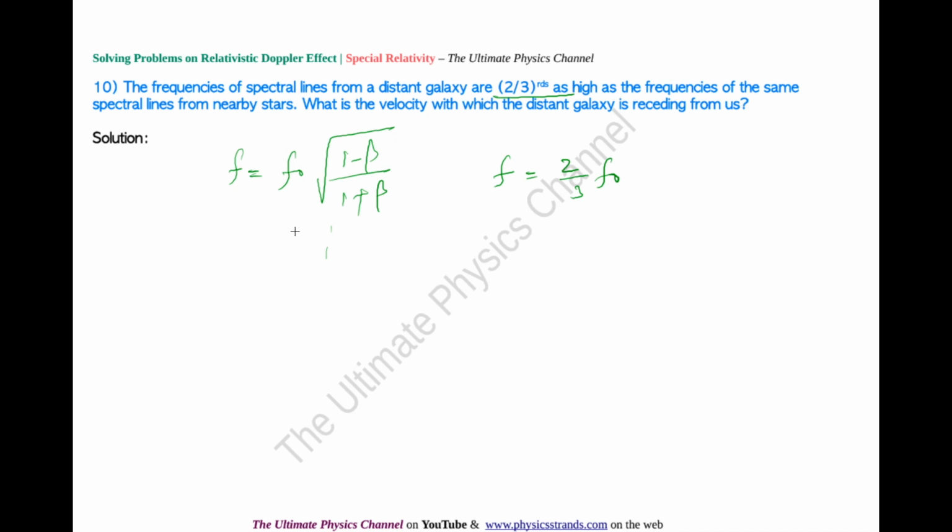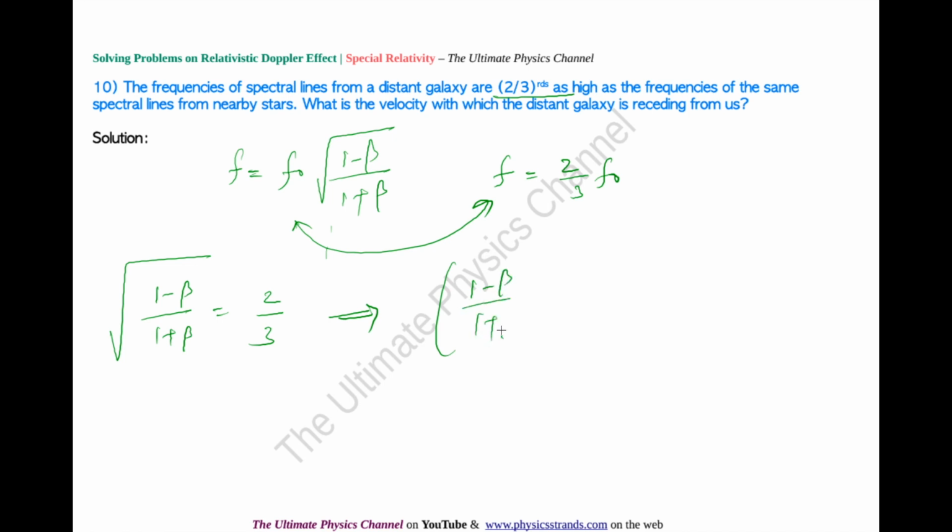So if I compare these two formulas, directly I can write square root of 1 minus beta over 1 plus beta is 2 over 3. So if I square both sides, I say 1 minus beta over 1 plus beta is 4 over 9. 1 minus beta is 4 over 9 times 1 plus beta. 9 minus 9 beta is 4 plus 4 beta.